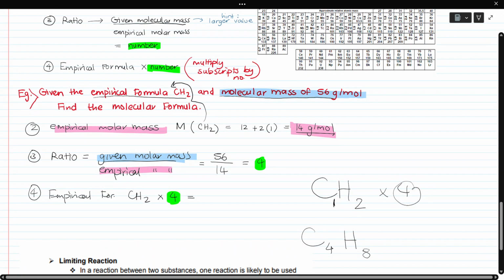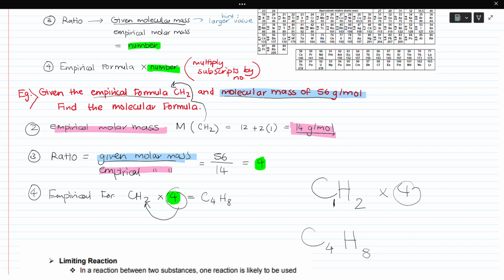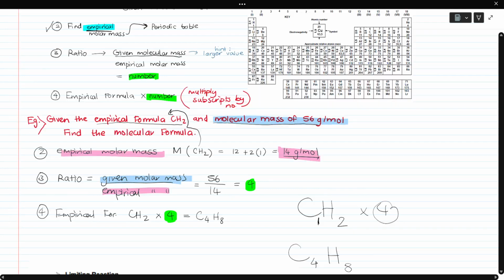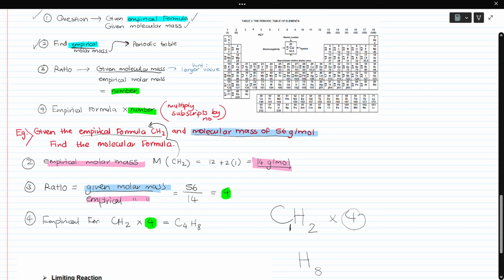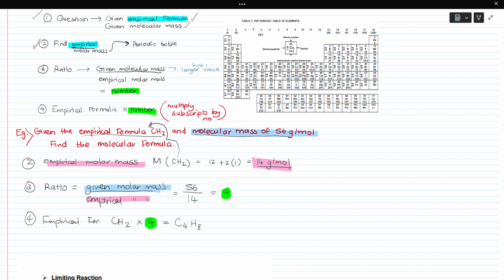Okay, just take note of that. So here we would get C4 and H8 because 4 times the small 2. Okay, so see, that is basically it. It's not a very complicated series of steps compared to empirical formula. It's just these 3 steps that you need to understand.